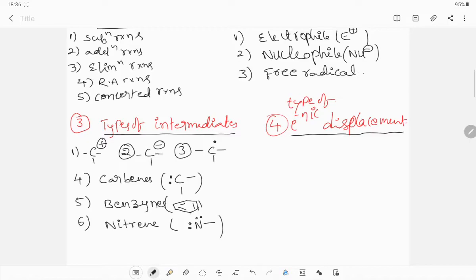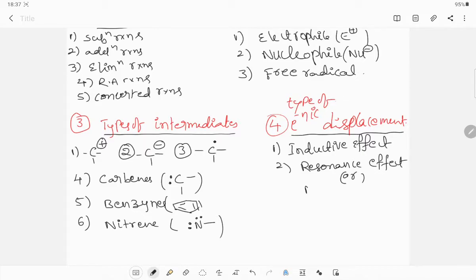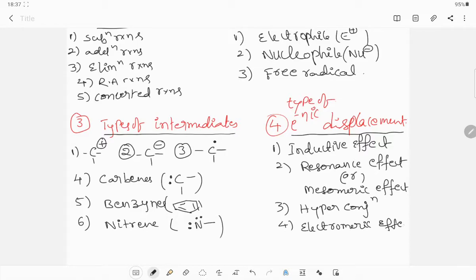See, what type of electronic displacement may take place. That may be the inductive effect, the resonance effect or mesomeric effect, next one hyperconjugation, and the fourth one, the electromeric effect.